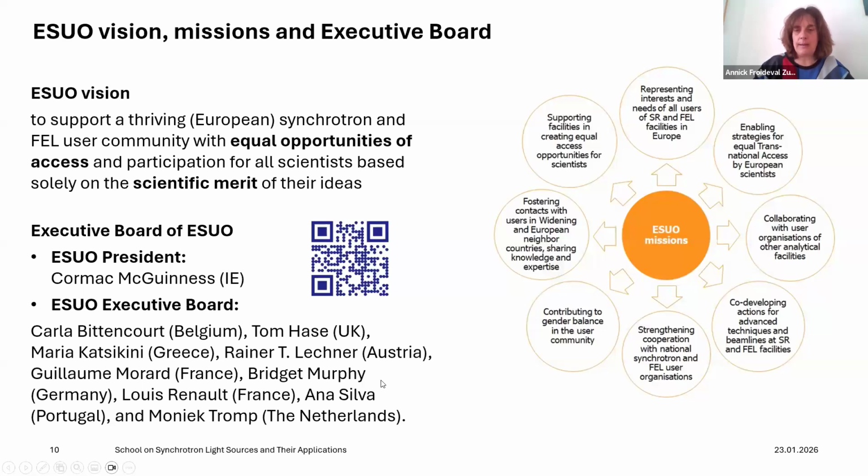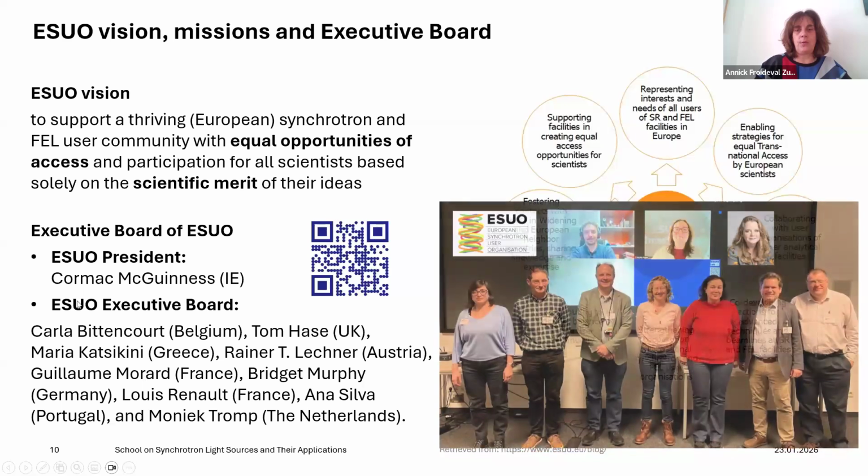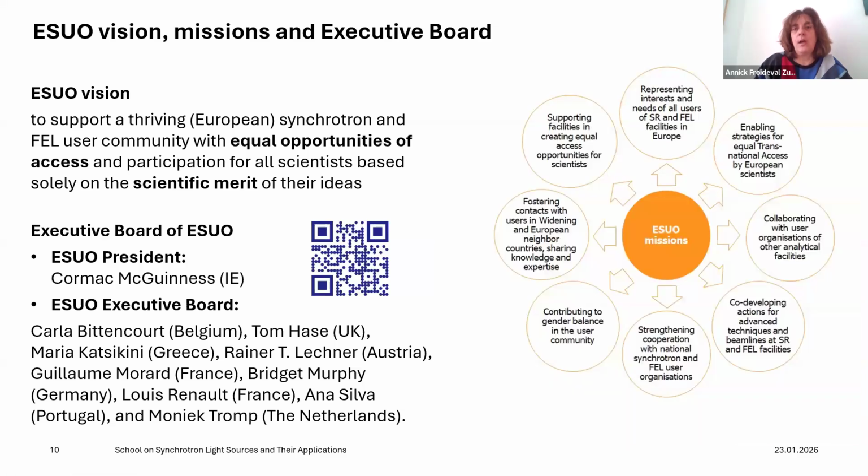I will show you a picture right now, if I can. So these are the members of the executive board. They are working all together and together with the other delegates to try to fulfill the ESUO mission. So you have an ESUO vision and ESUO missions.